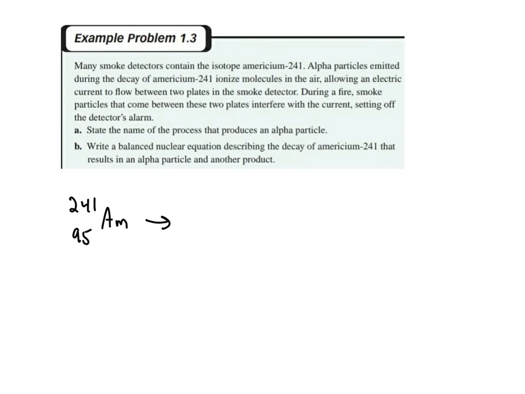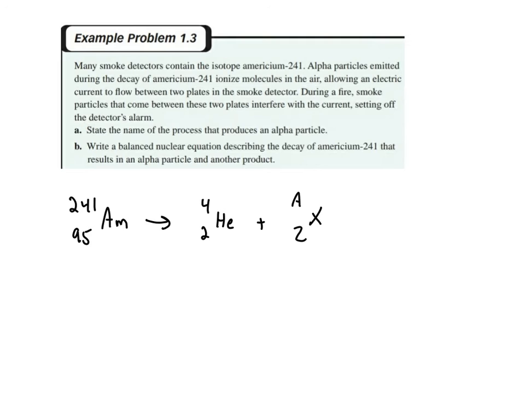And this is breaking down into, they said, an alpha particle. So the alpha particle is going to look like that. And we are going to get some kind of unknown product here. We don't know what this product's going to be yet, so we're just going to call it A, Z, and X. That's going to be our notation going forward for any unknown.